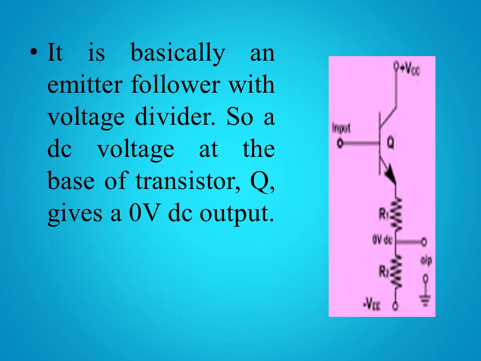It is basically an emitter follower. What is a level shifter? It is basically an emitter follower with which a voltage divider is attached. What is the voltage divider? This thing is the voltage divider, because these two resistors divide the voltage and the output is taken from here and the output reduces to 0. So a DC voltage at the base of transistor Q gives a 0 volt DC output.